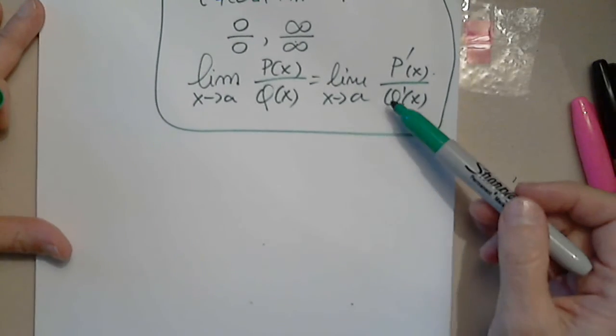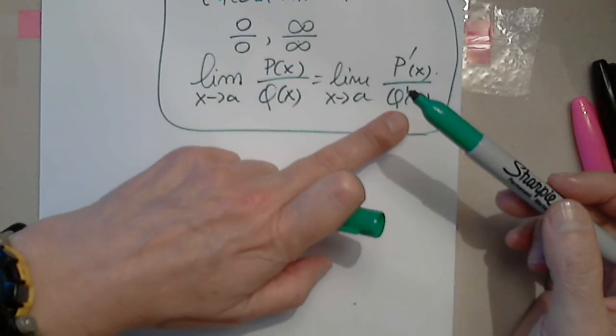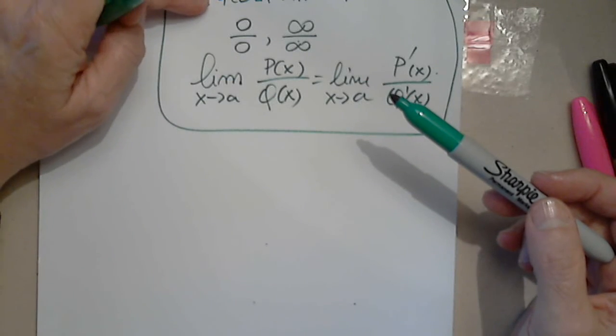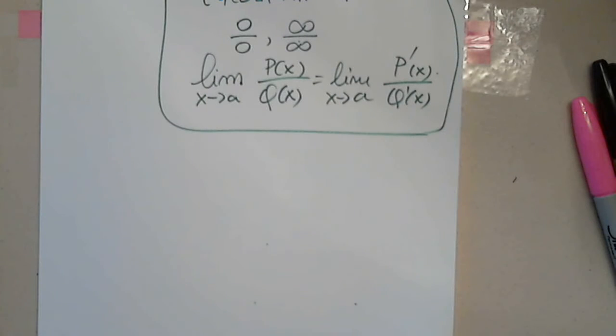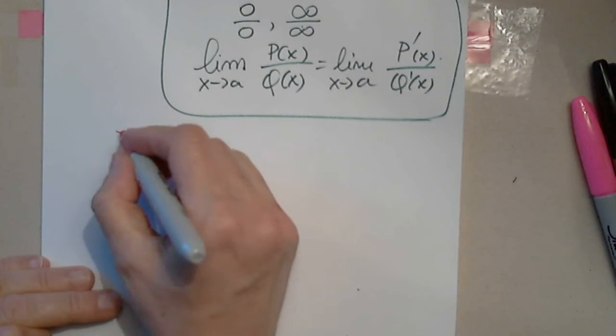This is never the case, that we never differentiate a ratio like that, ever. But inside the limit, applying L'Hopital's rule, only if we have 0 over 0 or infinity over infinity, we are allowed to do that. So now let's go back to the indeterminate cases. There are 7.